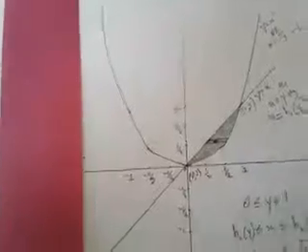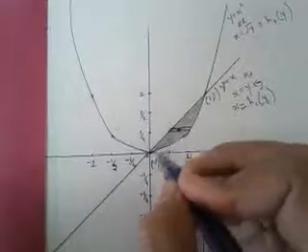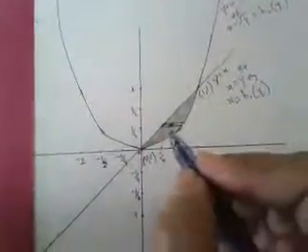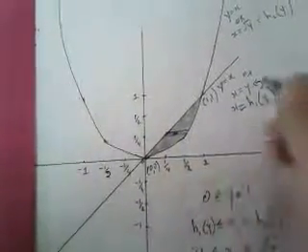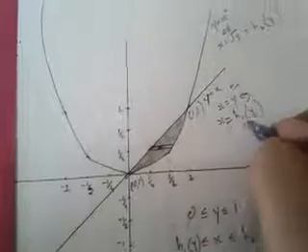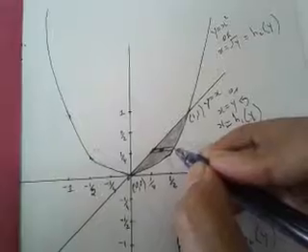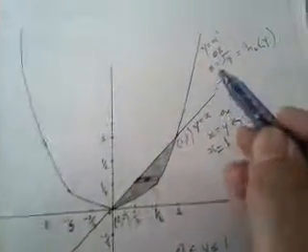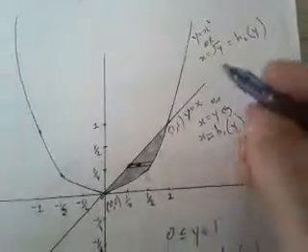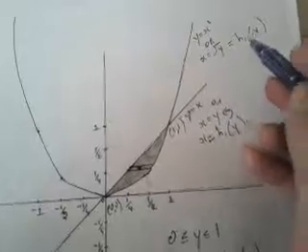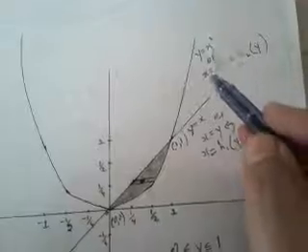So the limits of your y integral are going to be from 0 to 1, and those of your x integral are going to be from y equals x, or in other words x equals y, which is this. Okay, and moving towards this curve, this curve is going to be interpreted as x equals square root of y, because we have to express our function with respect to y. y is the independent variable here, so we modify our equation keeping x as the subject.